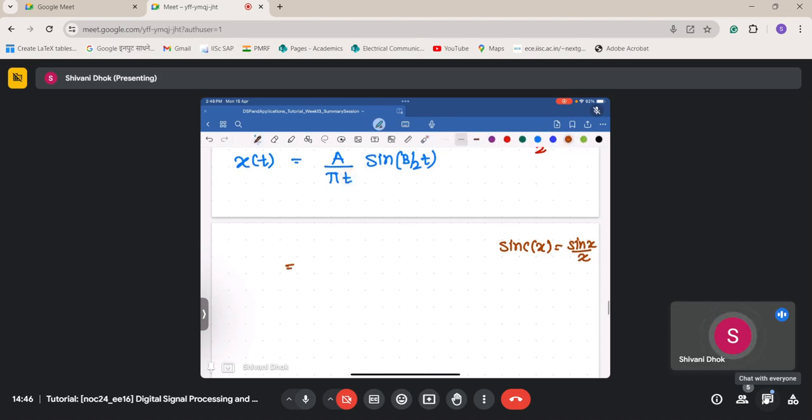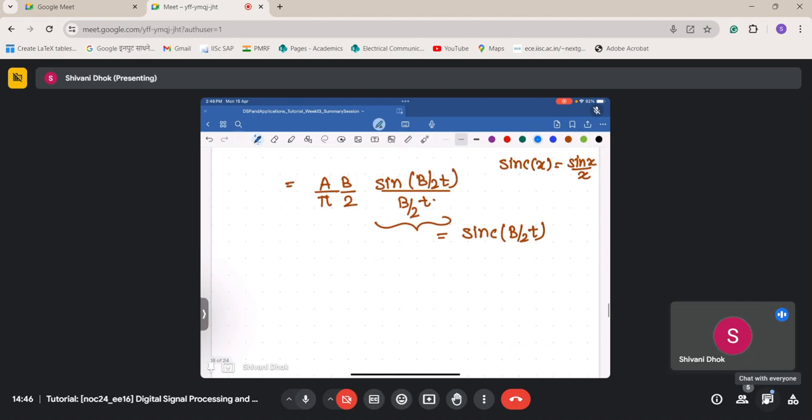I can write this as a by pi into b by 2 into sine of b by 2 t upon b by 2 t, and this thing here is simply sinc of b by 2 t. So therefore x of t is equal to ab upon 2 pi into sinc of b by 2 t.